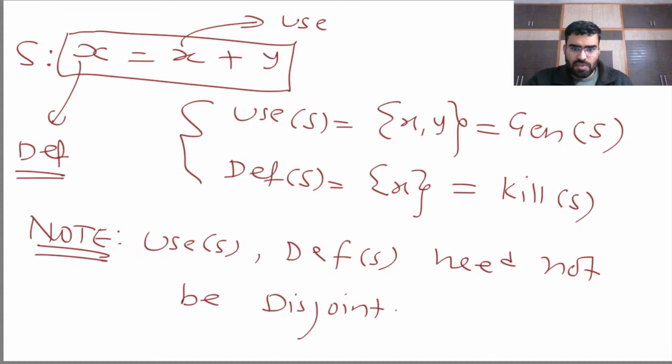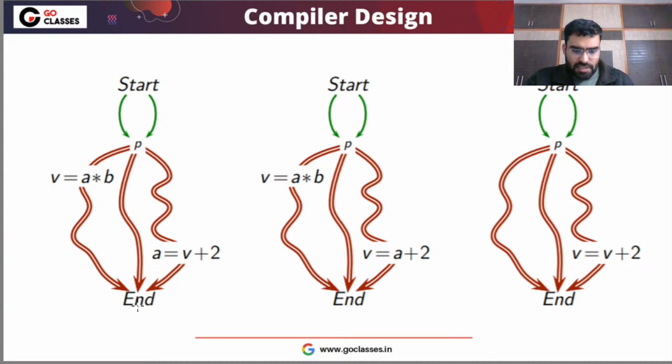Now let's see what is the definition of a live variable. Can anyone tell me what is the definition of a live variable? When we say that a variable is live, at this statement, at this program point p, which variable is live?